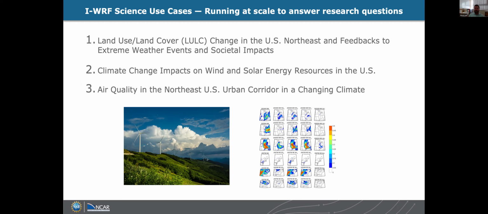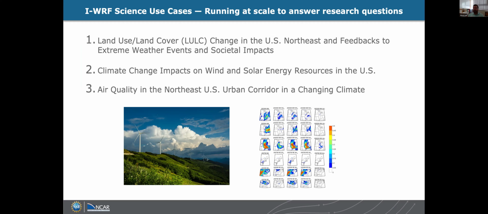The second one is, and this is the one that I'm most interested in as someone who does renewable energy forecasting, we plan to look at climate change impacts on wind and solar energy resources in the US. For instance, will there be changes in the frequency or the magnitude of wind and solar energy droughts in the US?